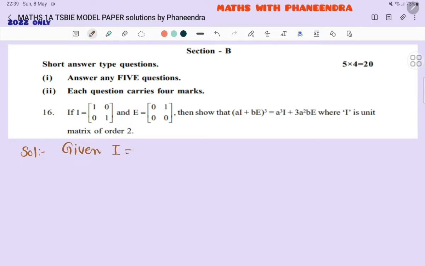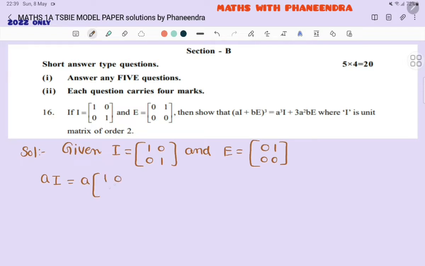Given I is equal to 1001 and E is equal to 0100. Next, (AI plus BE) whole cube. First, you can calculate AI. AI is equal to A times 1001, so multiply each and every term with A: A into 1, A into 0, A into 0, A into 1.